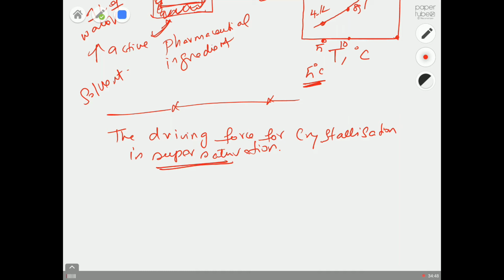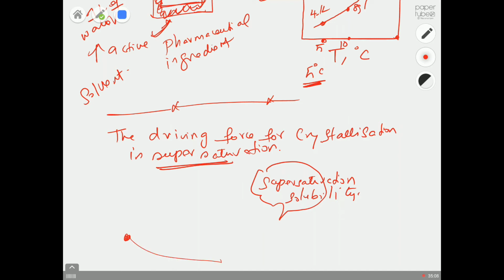So always remember, whenever you think about crystallization, you must think about supersaturation. Supersaturation, solubility. I know that I said that during mass transfer something moves from a high concentration zone to a low concentration zone.